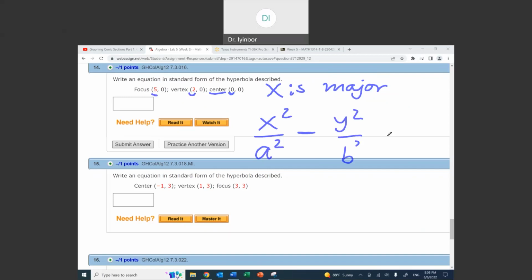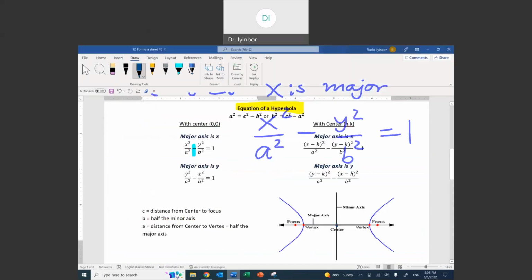So this is the equation you're going to use in this case. Okay, and what you need to do is just find a and b.